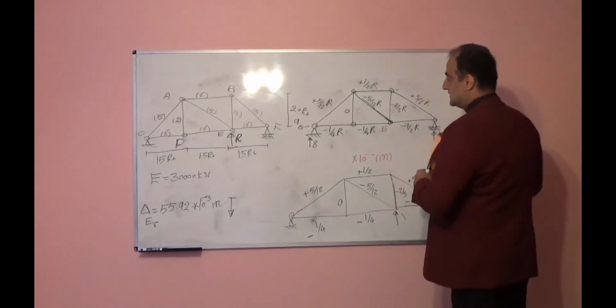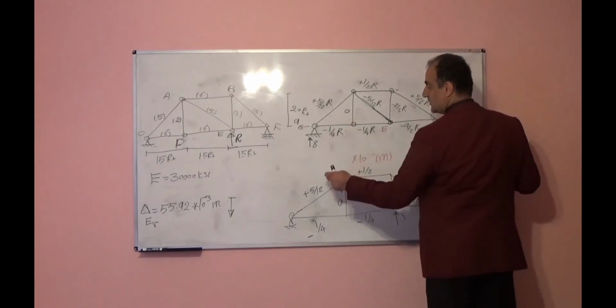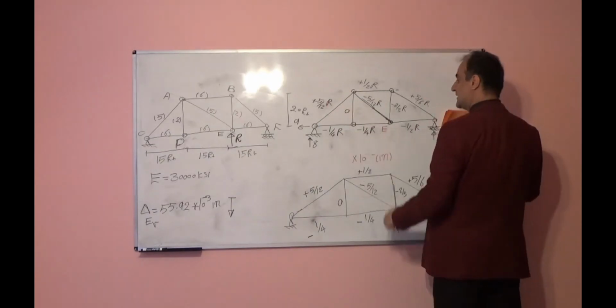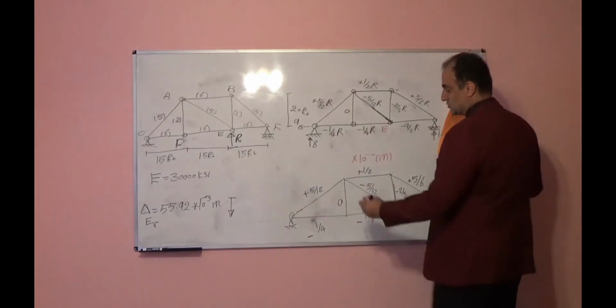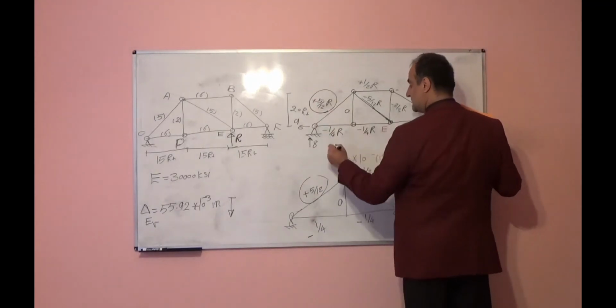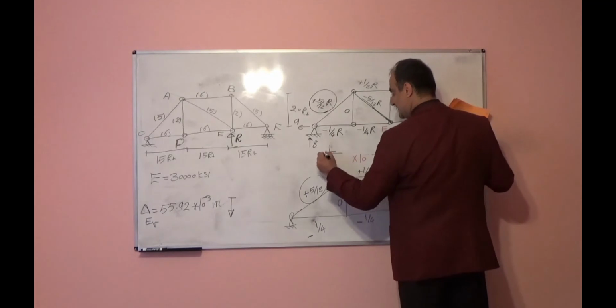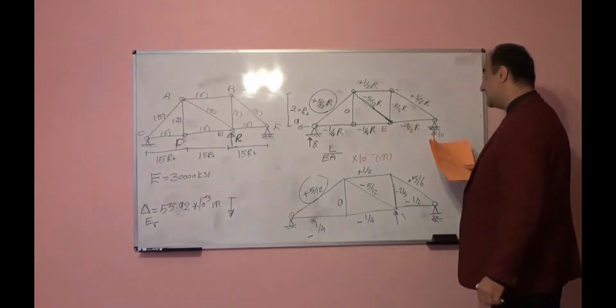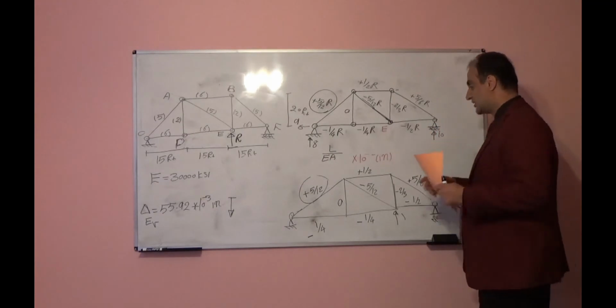Again, these forces multiply by this force, multiply by the length of each member divided by EA, sorry, I pronounced it wrong.